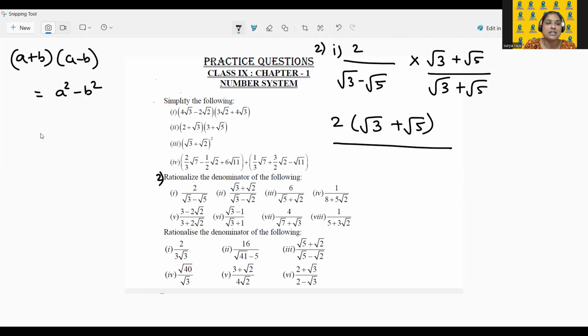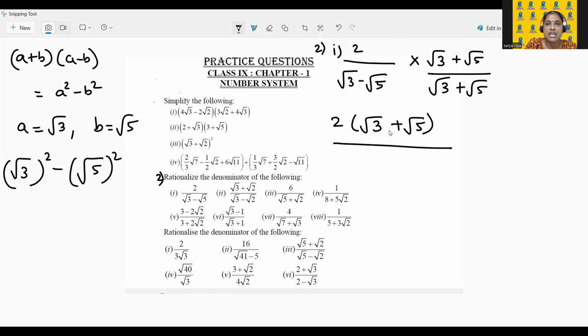Yes, of course, you're right. So, you consider a as square root of 3, b as square root of 5. I can write square root of 3, the whole square, minus square root of 5, the whole square. That is a plus b, this is a minus b, right?